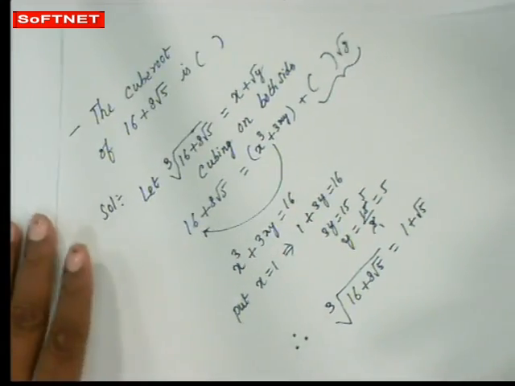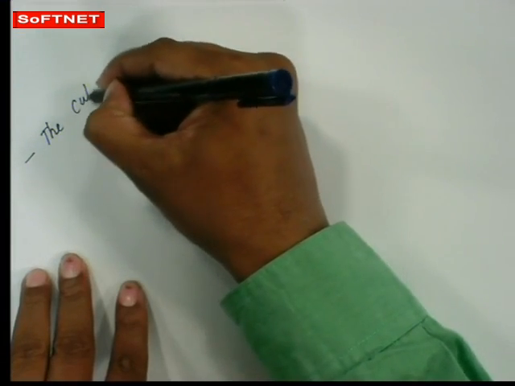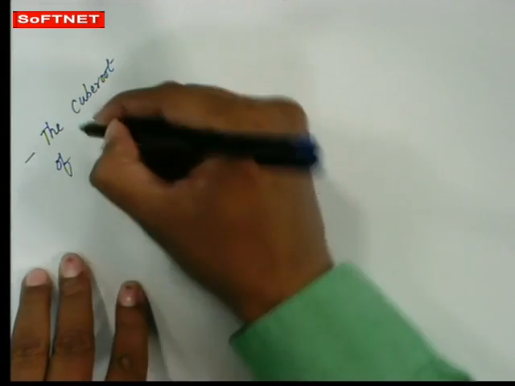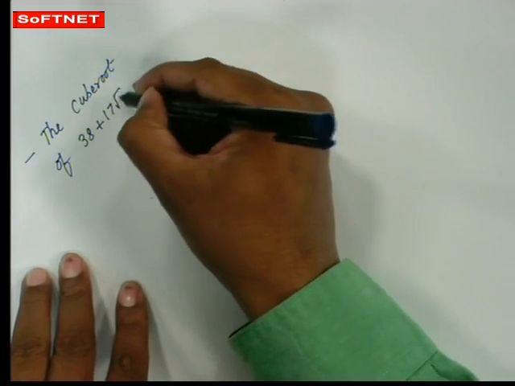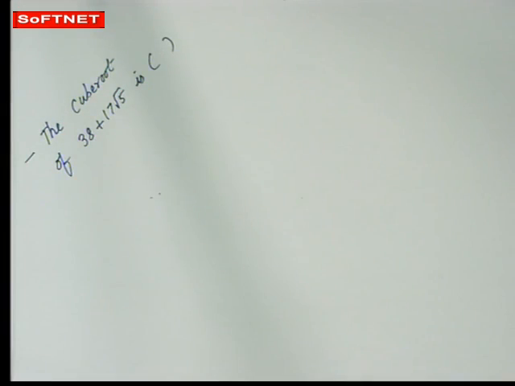So let us go for one more question. The cube root of 38 plus 17 root 5 is, okay, let us do this problem.